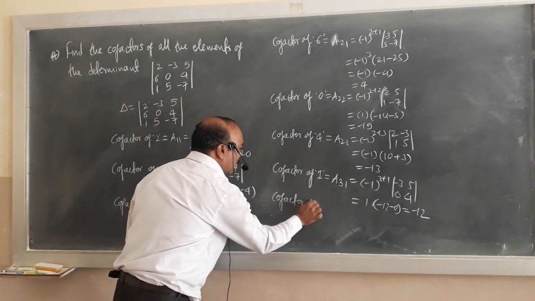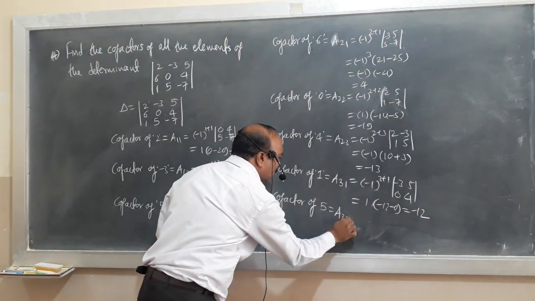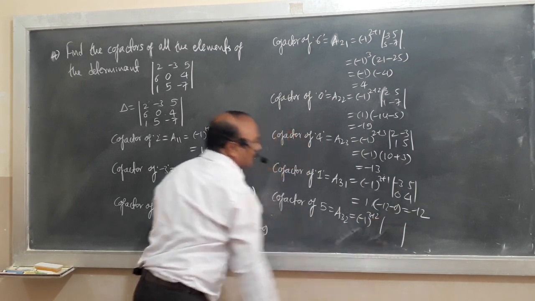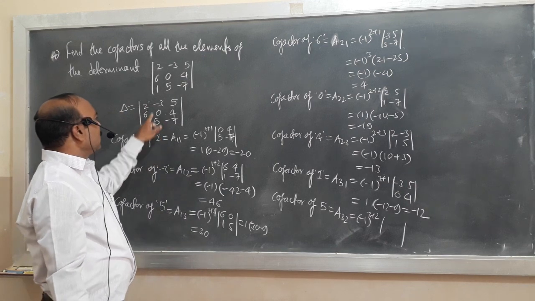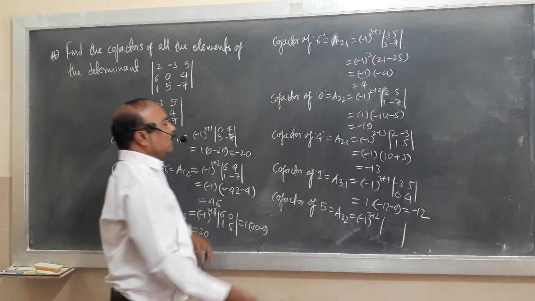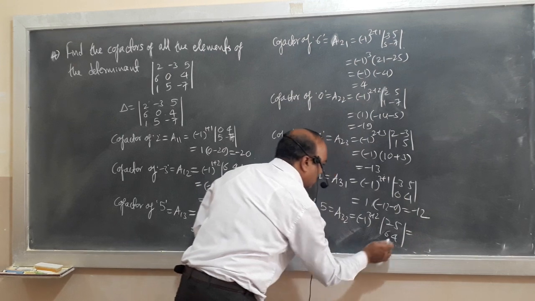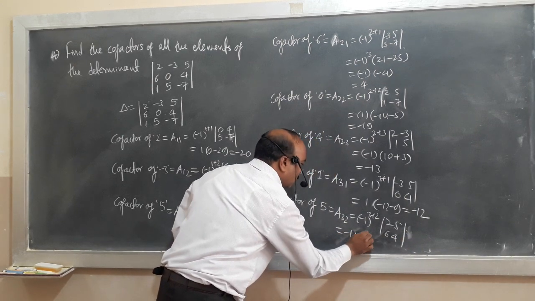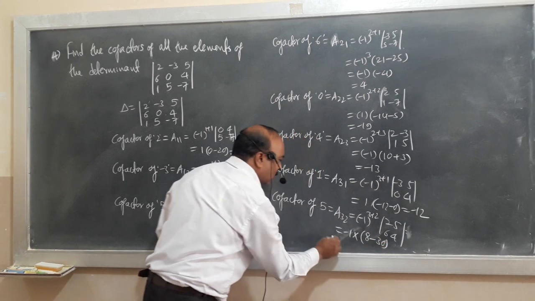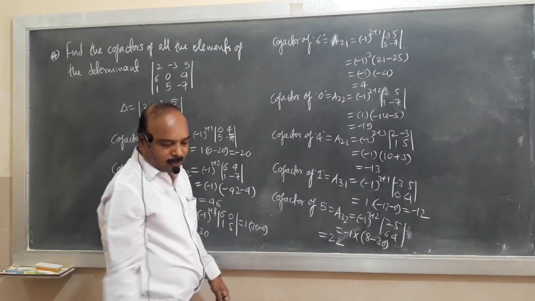Next, the cofactor of the next element, 5. It is a32. It is (-1) power 3+2 into the minor. The minor of this element, deleting this column and this row, we get 2, 5; 6, 4. So it is -1 into (8 - 30). So it is minus of -22, which is +22.